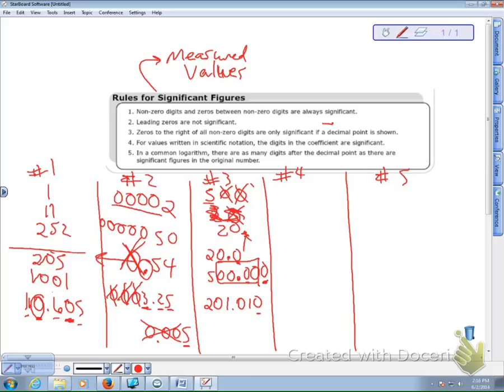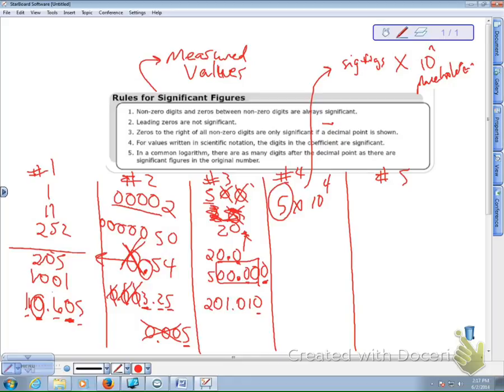So the standard form for scientific notation is sig figs times 10 to a power, and those are your placeholder values. So when I write a number in scientific notation, 5 times 10 to the 4th, any number that you see over here had better be significant.